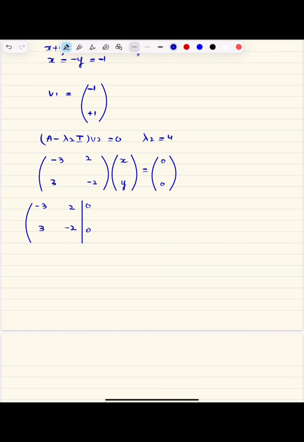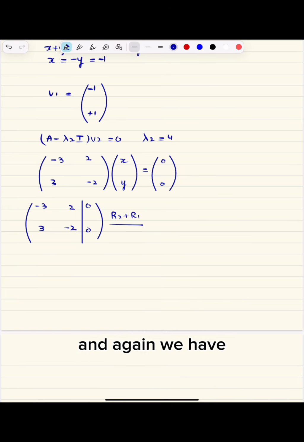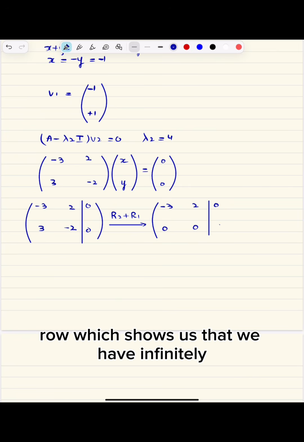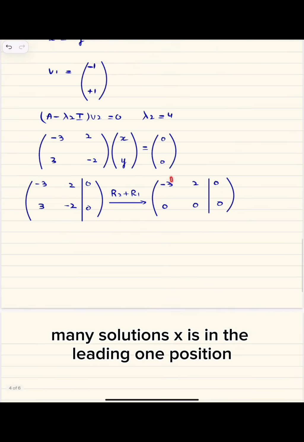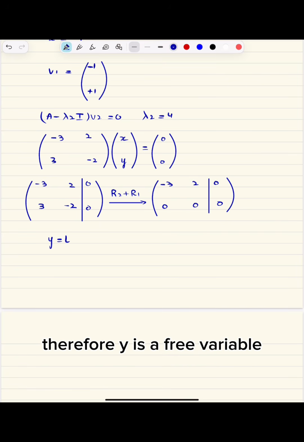Okay. So this is just basically row 2 plus row 1. And again, we have zeros in the last row, which shows us that we have infinitely many solutions. x is in the leading one position. Therefore, y is a free variable.